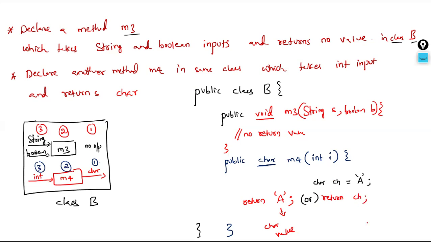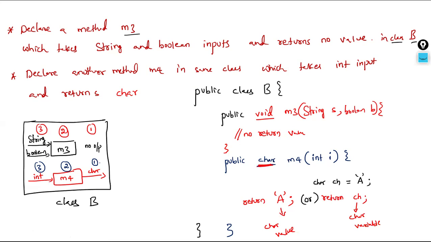So these are the two possibilities. We can follow any one of these. Either return the value directly or return a variable, whose type is the same as the return type of the method. The return type of the method and the return variable type must match. Then only is our method syntax completely right.